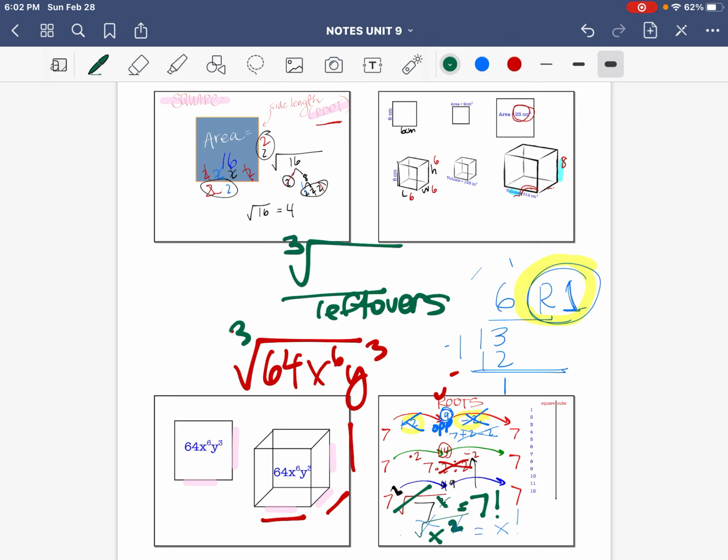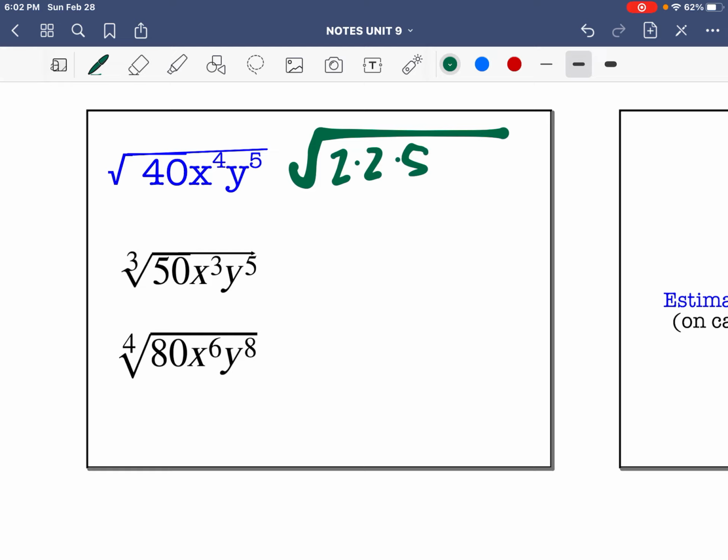So let's try a couple problems and see if we can simplify. Let's try the first one. If I look on my cheat sheet, I see 40 breaks down to 2 times 2 times 5. And then I have 4 x's and 5 y's.